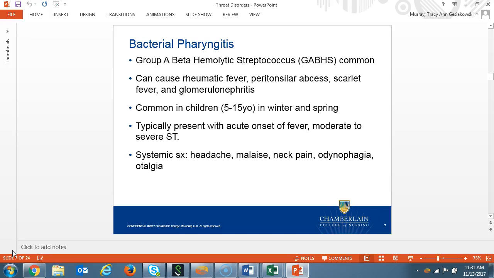Group A strep infections are most commonly observed in children 5 to 15 years of age in the winter and spring. Strep typically presents with an acute onset of fever and moderate to severe sore throat. Systemic symptoms may include headache, malaise, neck pain, odynophagia, and otalgia.